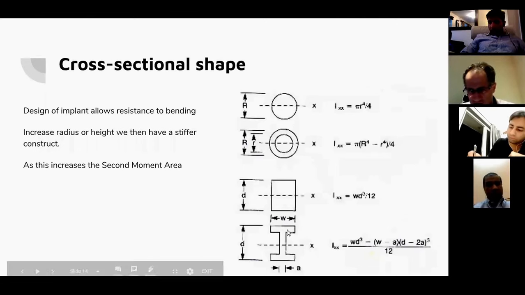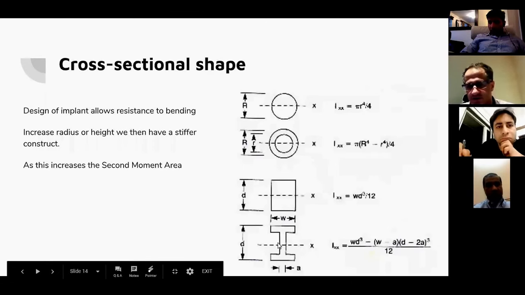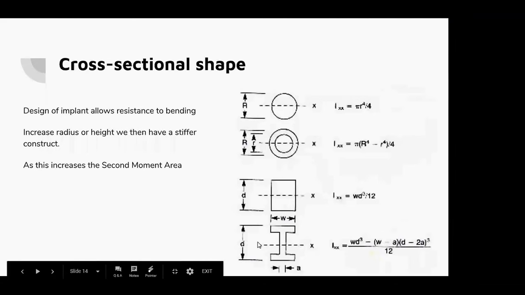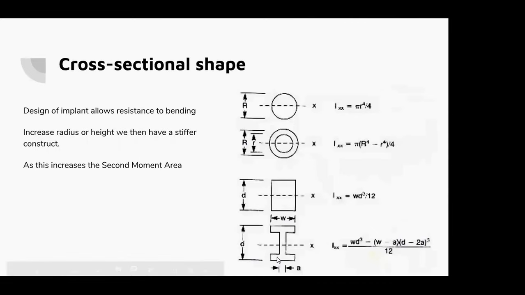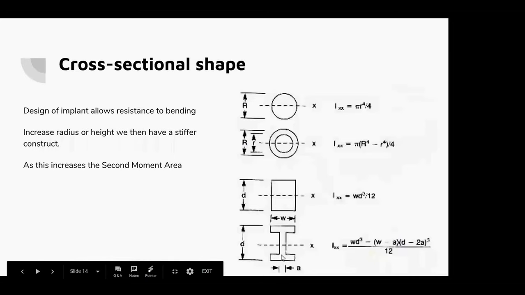Well, the bottom picture here explains it perfectly. In the girder itself, you're still preserving the height of your plate, but you're using less metal. Therefore, you have a lighter construct. You're maintaining the width and the height of your construct, but using far less metal in that process.